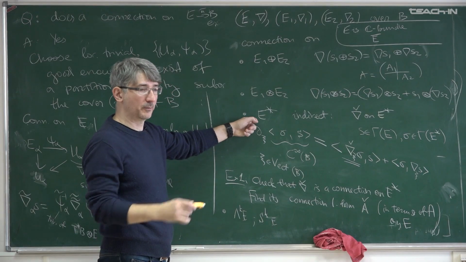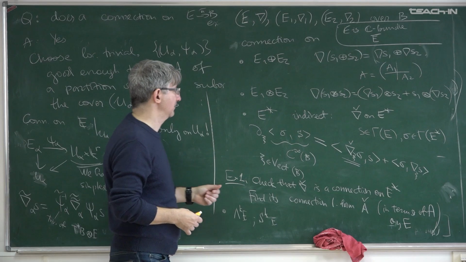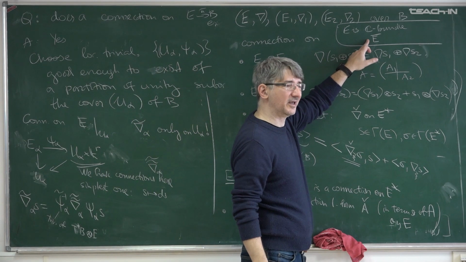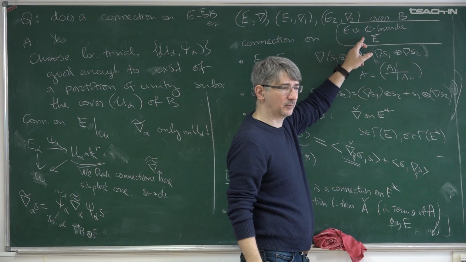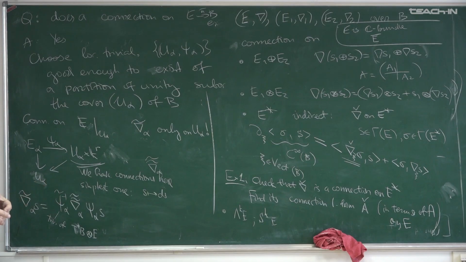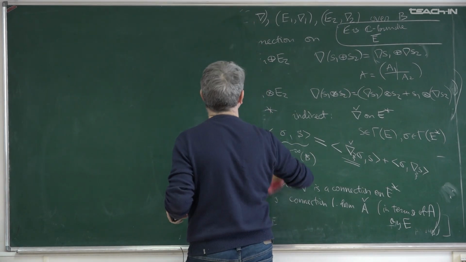Not dual, but complex conjugate. And one can define the connection here, but when you speak about complex vector bundles, you want to add some properties on the connection, and we will discuss it in detail later.